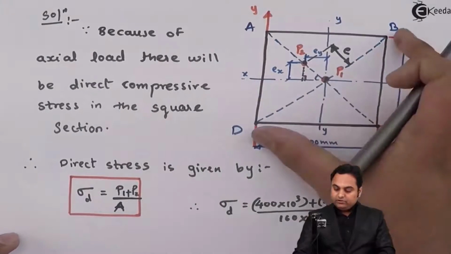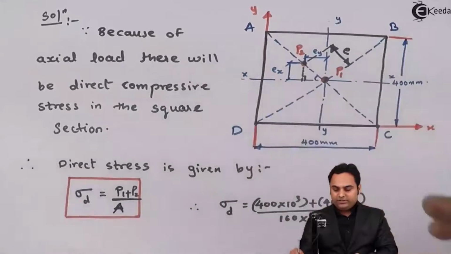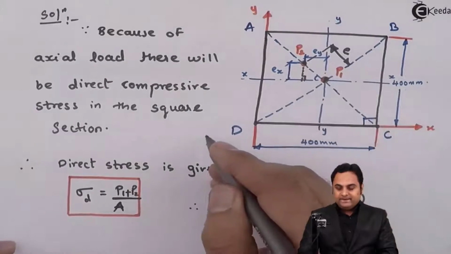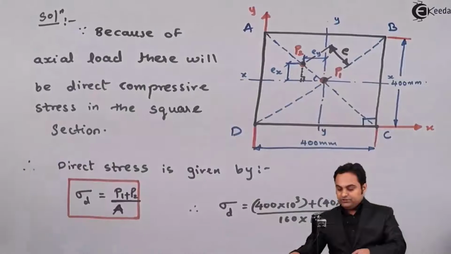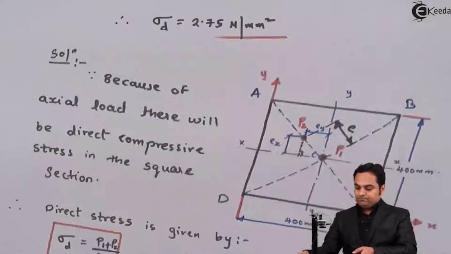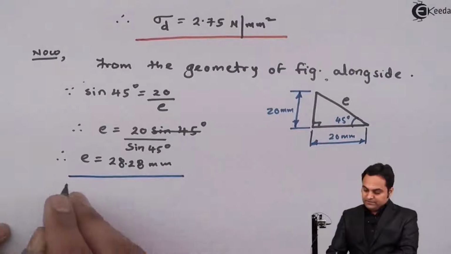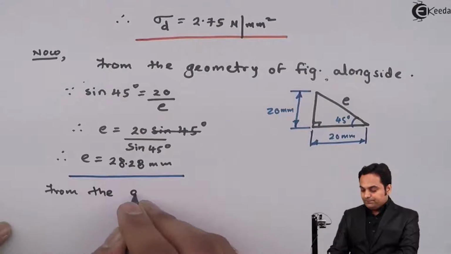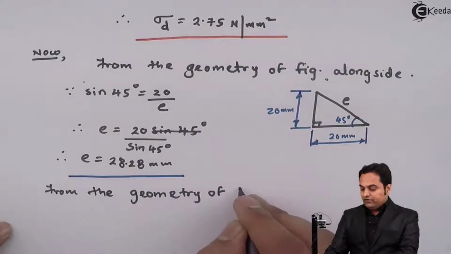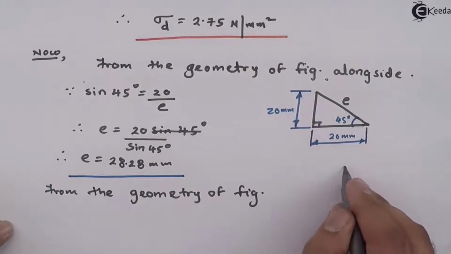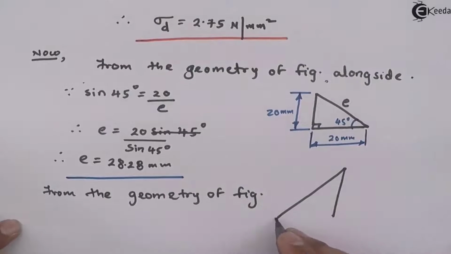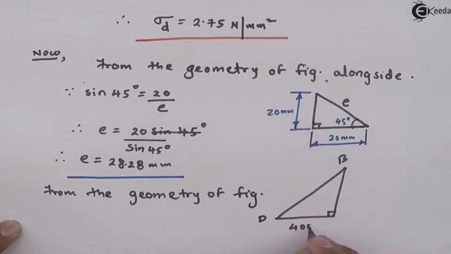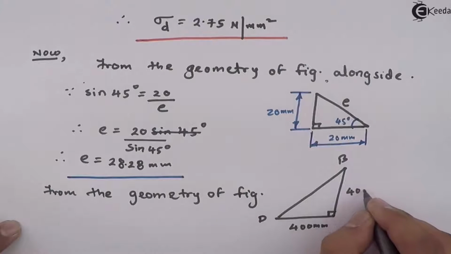Now I'll calculate the length of each of the diagonals, that is either BD or AC. So if I look at this triangle BCD, here BD is the hypotenuse. So again, from the geometry of the figure, here we have BC, this is 400 mm, and even here it is 400 mm.